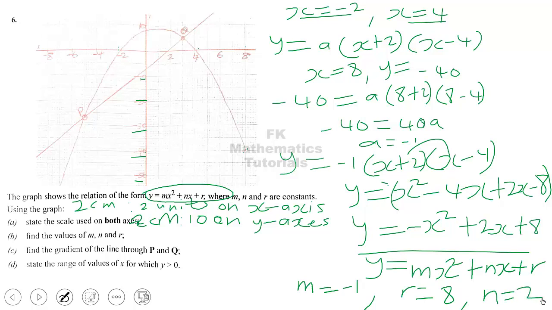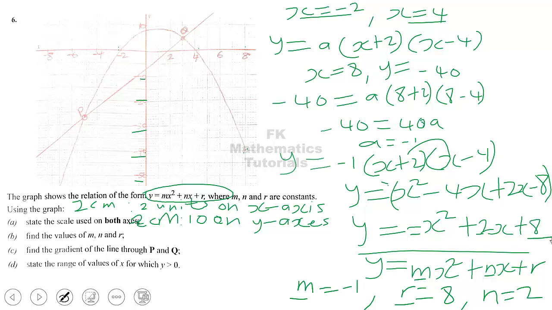Because n is the coefficient of x, it is equal to 2. m is the coefficient of x squared, which is -1. Then r equal 8, which is a constant.